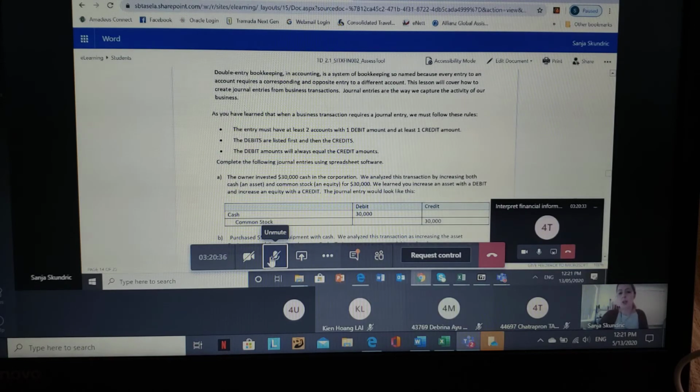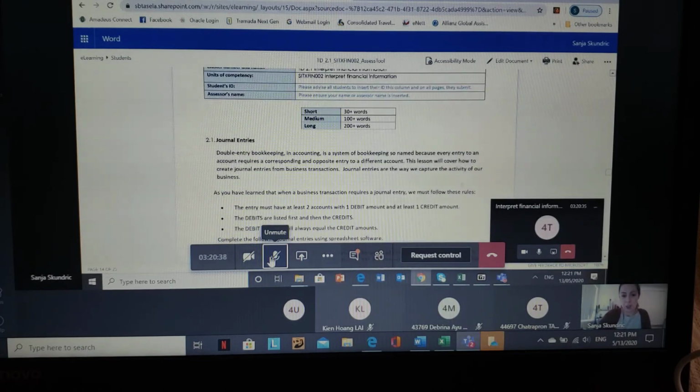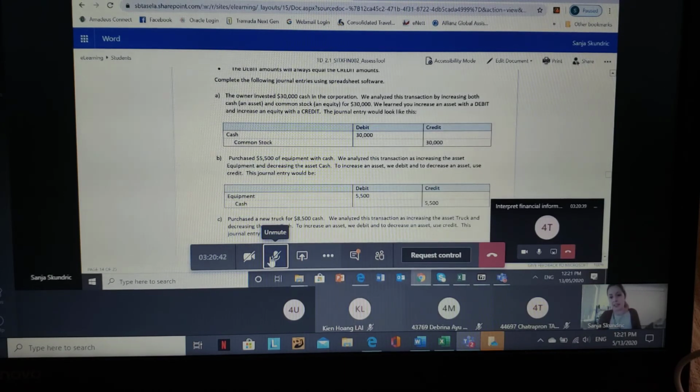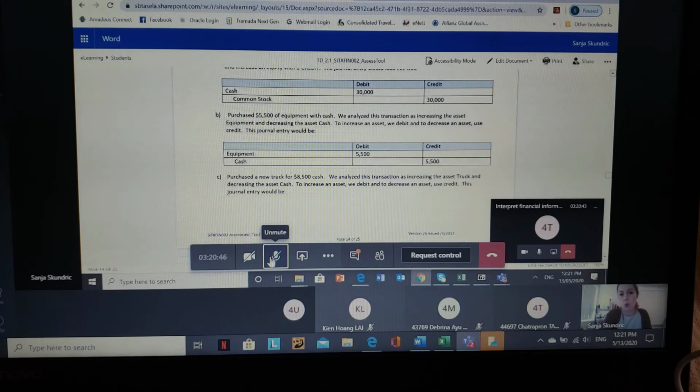2.1, you've got a list of different transactions or the way that a business has done its bookkeeping. When a business has a transaction, it is recorded 2 times, once as a debit and once as a credit. So always the debit is on the left-hand side, the credit is on the right-hand side.